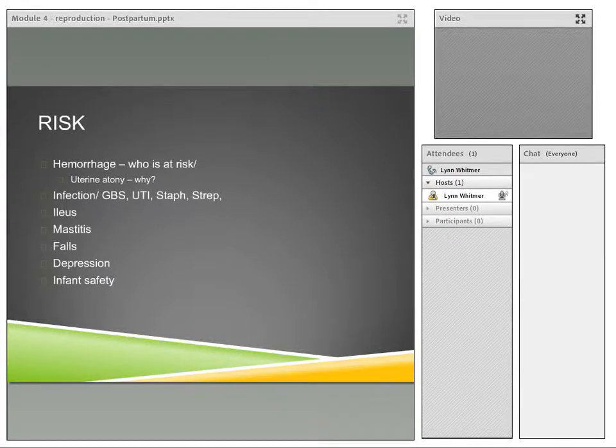All postpartum patients have a risk for falls because of anesthesia, because of fatigue, because of hypovolemia, hypoglycemia. There's lots of reasons, so we have to be very cautious. Even though these are young, healthy women, we still want to consider the risk factor of falls. Depression, postpartum blues are normal, but when it moves into depression or psychosis, of course, that's extremely serious.